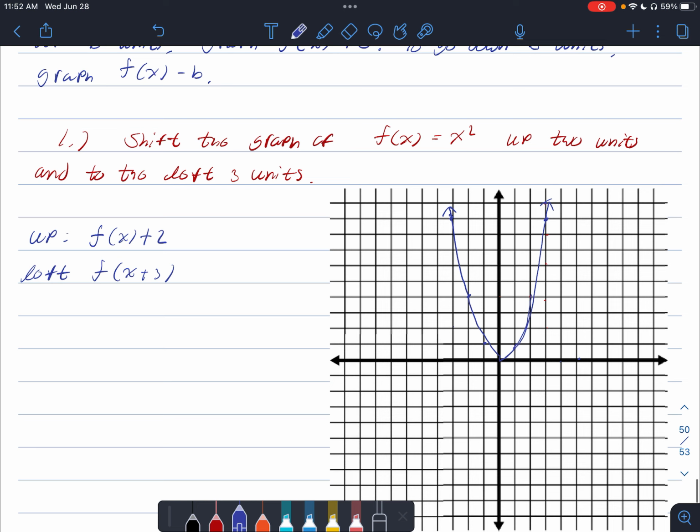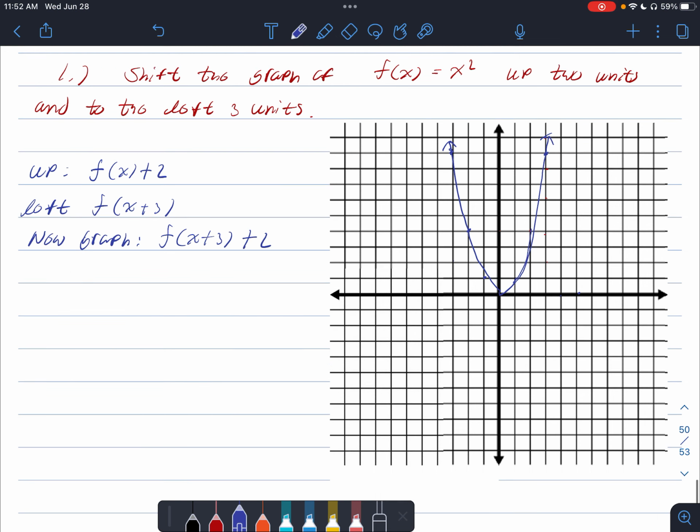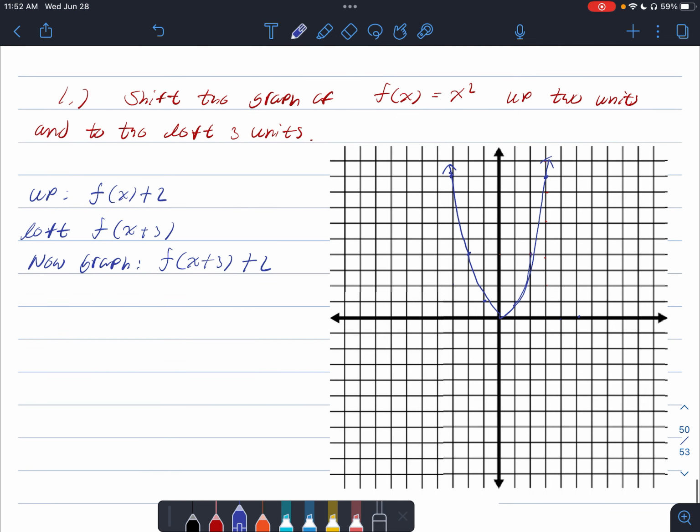So if we combine these two, our new graph will be f of x plus 3, and we have plus 2 on the outside.